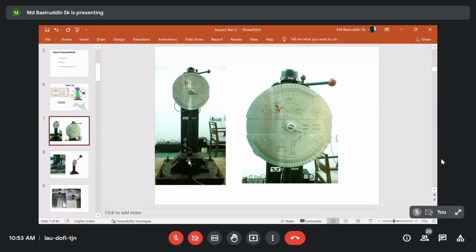The material will resist the free flow of the hammer, and this particular resistance will be recorded over this dial. In the dial there must be certain energy measurement units, like in terms of joules we can measure those capacities. Then we try to assess the material's absorption capacity by reading the dial.